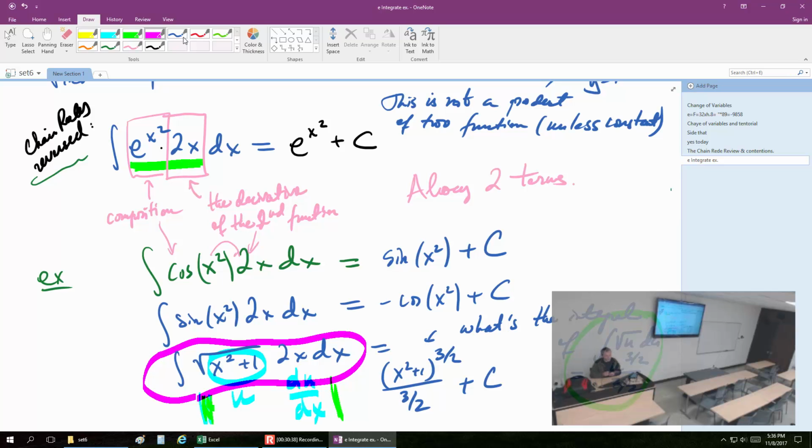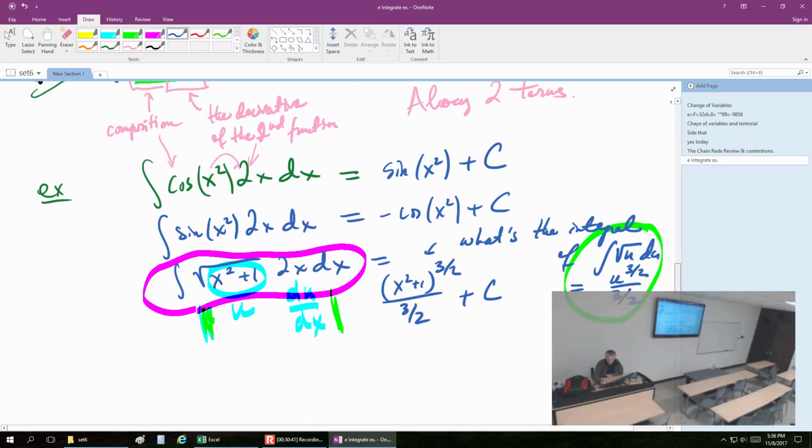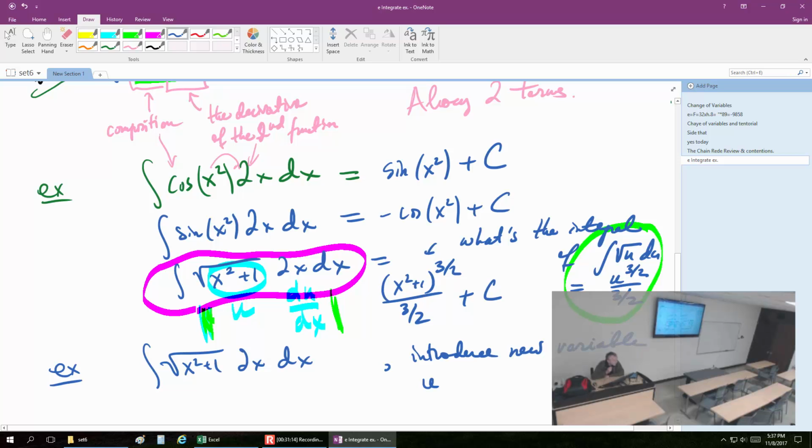Okay, so let me do it one more time in a more explicit way, the same problem as this. So once again, what do we do? My integral is the same, square root of x squared plus 1 times 2x dx. I introduce a new variable. It is often called u for whatever reason, and sometimes it's even called u substitution, just a name for it informally. So anyway, you decompose. Introduce a new variable, not in a random way. It always comes from the same place.